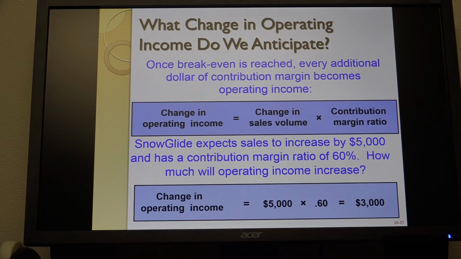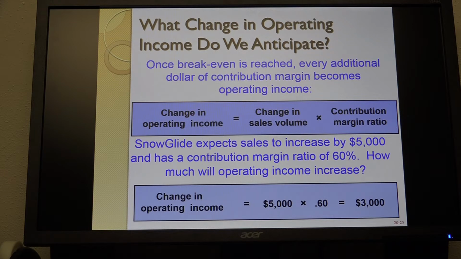Another way of looking at break even is that any dollar of contribution margin in excess of the break even becomes operating income. And so again, change in operating income equals change in sales volume times the contribution margin ratio.